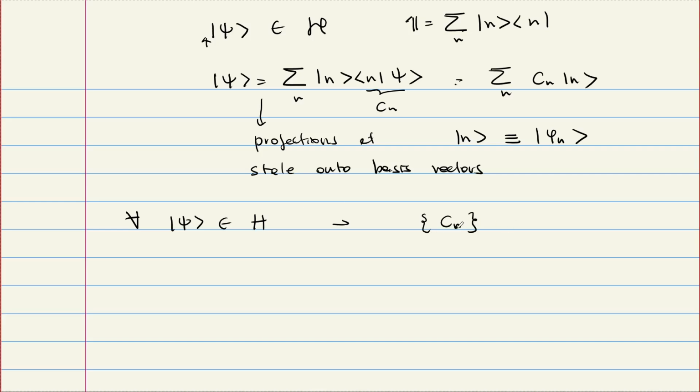And this set of coefficients represents this abstract state in the Hilbert space. What we are saying is that this set of coefficients is equivalent to the state psi. These coefficients represent the state in the given basis.